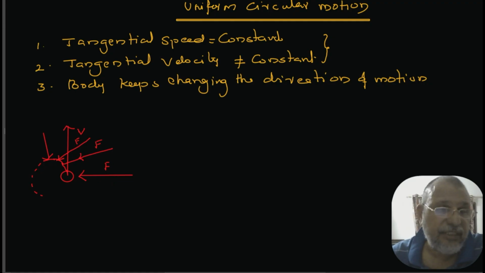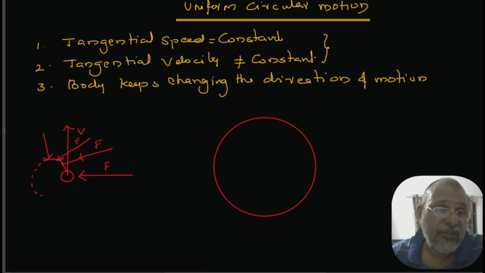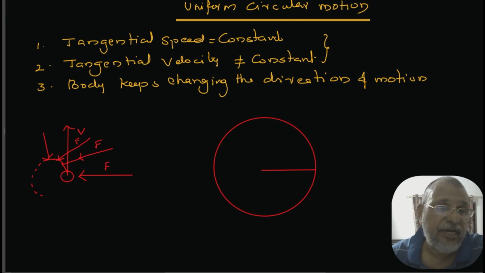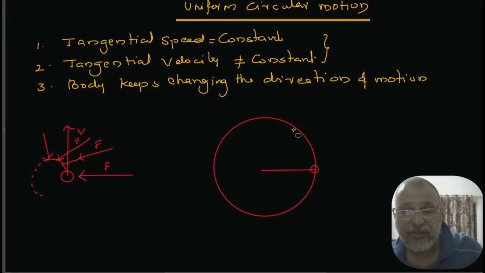So these two statements, statement 1 and statement 2, imply that to keep a body moving along a circular path, you need to keep applying a force perpendicular to the motion at every instant. Let's assume that the body is here at one instant, and let's assume that it's here at a later time.